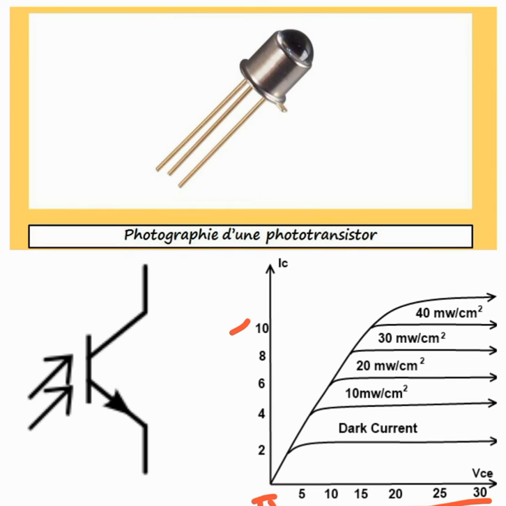Now for the first case, when there is no incident light falling upon the phototransistor, it means the transistor is off and only a small amount of current flows through the transistor. That is called leakage current, due to the reverse biasing of the transistor.